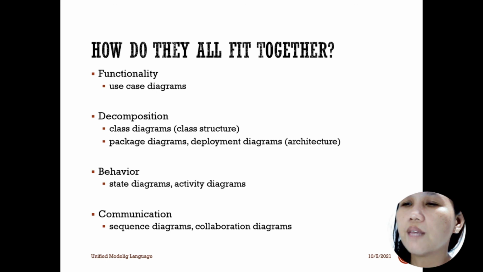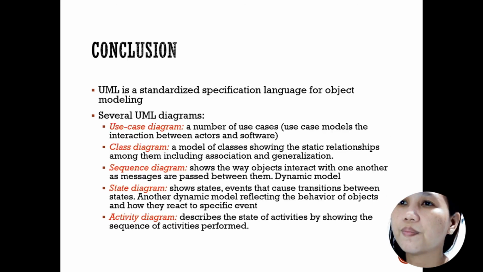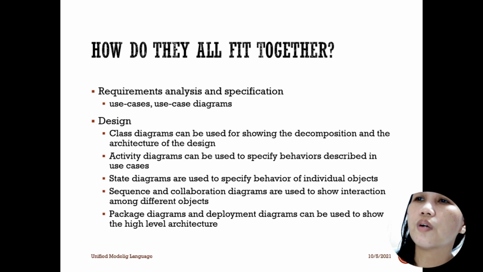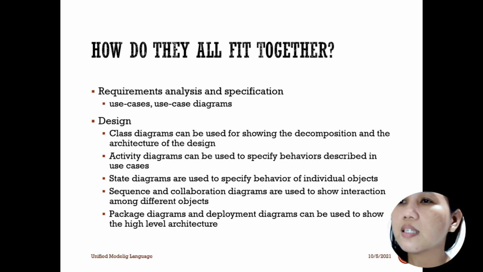If we are focusing on the communication itself, we can use the sequence diagram and the collaboration diagram. For requirement analysis specification, we can use the use case diagram. If we are focusing on the design, we can use the class diagram, activity diagram, state diagram, sequence and collaboration diagram, and then the package diagram and deployment diagram.